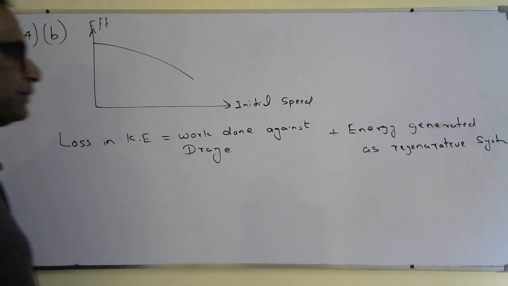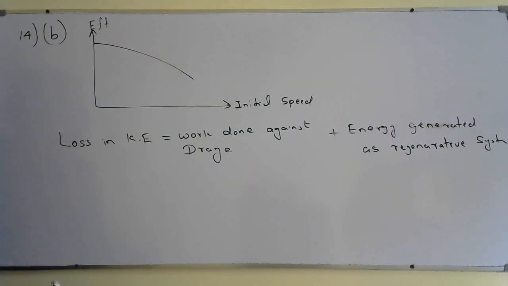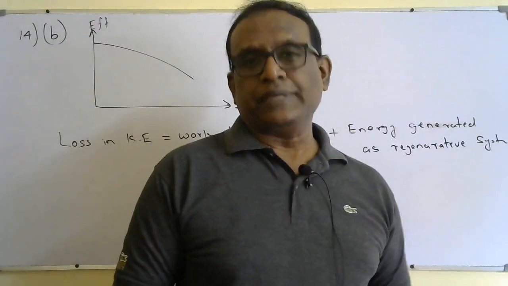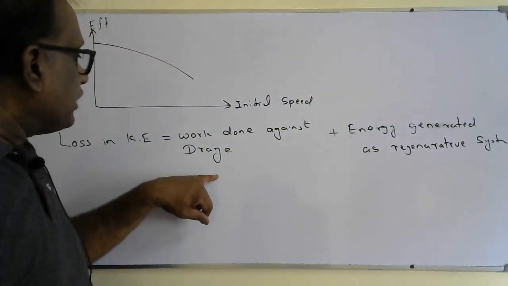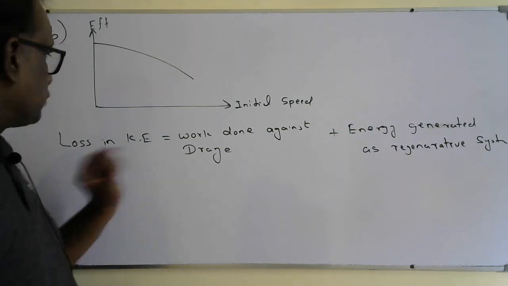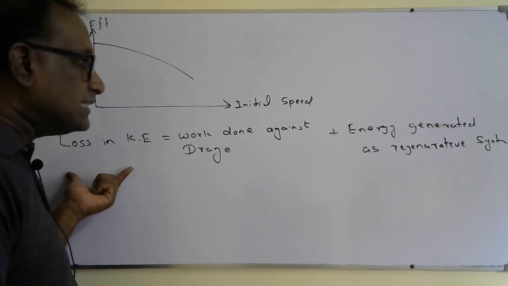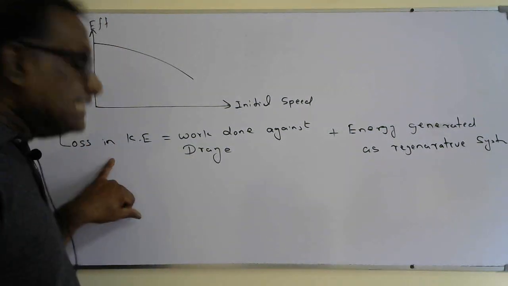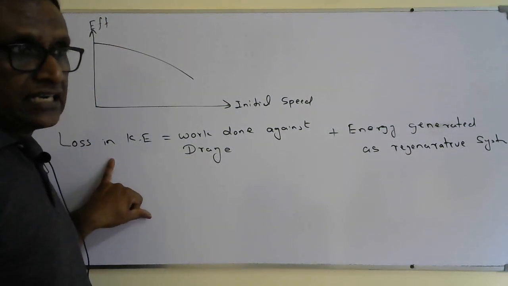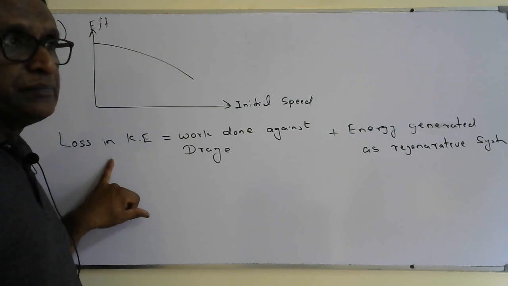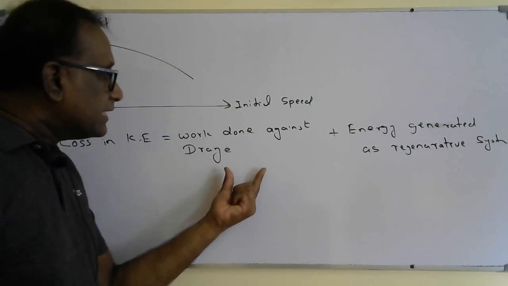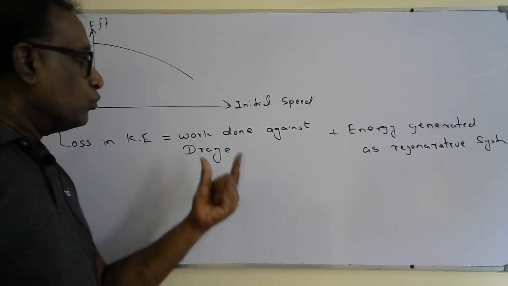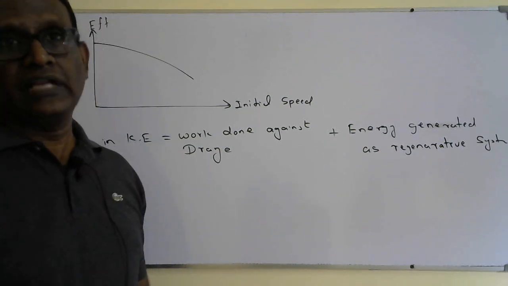So what's the problem here? When the car travels at higher speed, this quantity also will increase. So the loss in kinetic energy is going to be shared among two different quantities. When the initial kinetic energy is larger, when the car is traveling at higher speed just before braking, the work done against drag force during the braking also will increase.